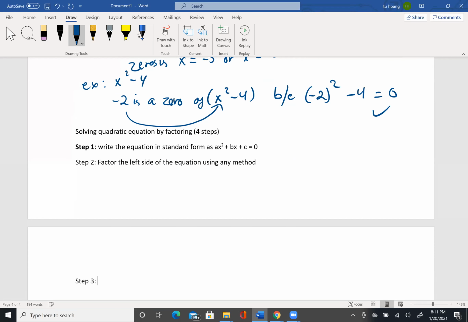Step 3, apply the zero product property. And step 4, solve each of the resulting equations. Okay, so let me bold each step.